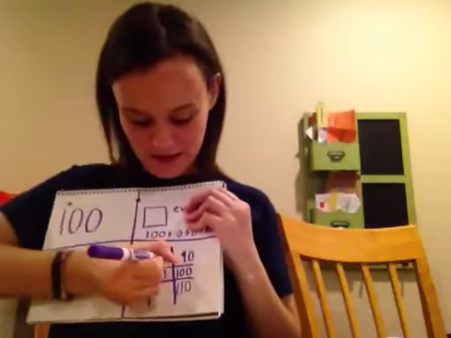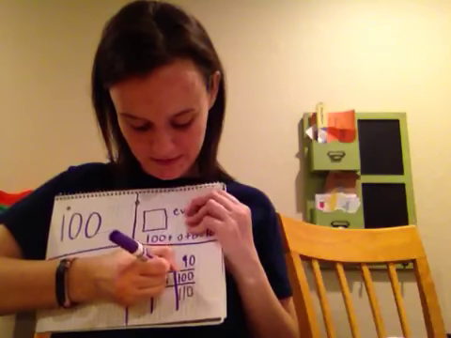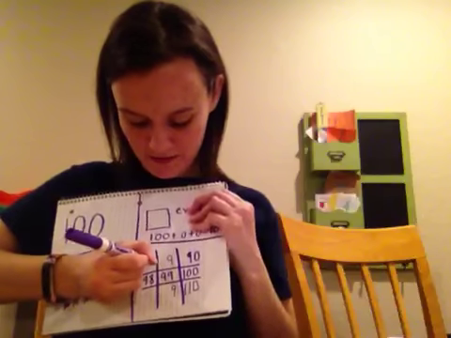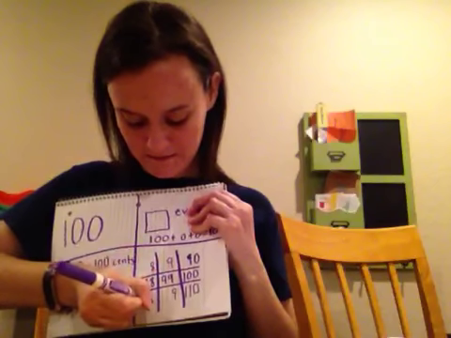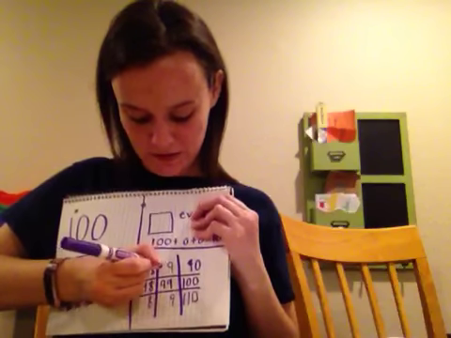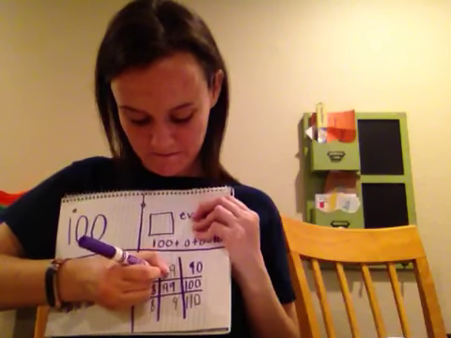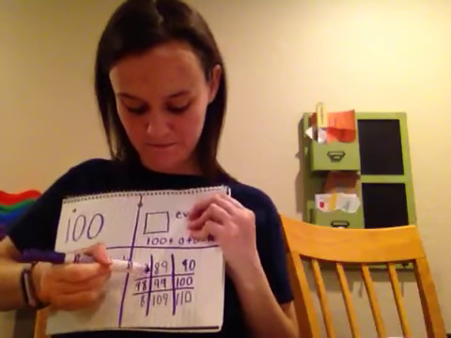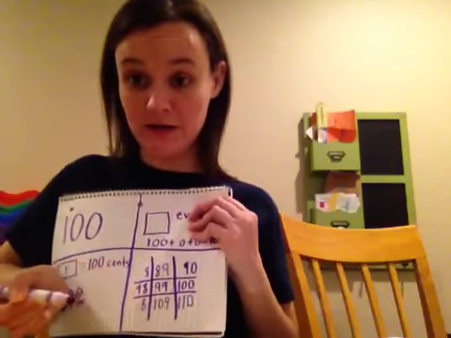I know these are all going to end in 9. I know these are all going to end in 8. Okay, and then the tens will just go 8, 9, 10. You see that? 89, 99, 109.